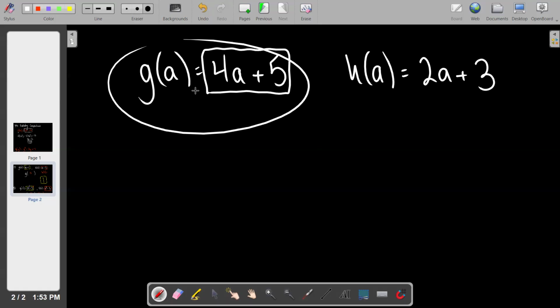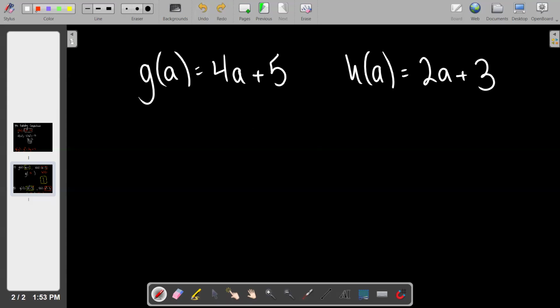So in this problem, it's asking me to do G of something. But I'm just taking this right off your paper, by the way, okay? This is right on your paper, number 5. It's asking me to do G of that. Again, taken right off your paper. You see it? Okay.